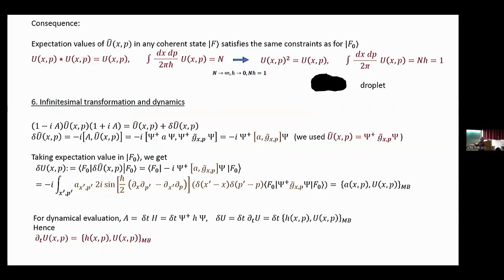So it satisfies the unit area constraint, so it becomes like a droplet of area 1. We're going to explore this much more a few slides later.